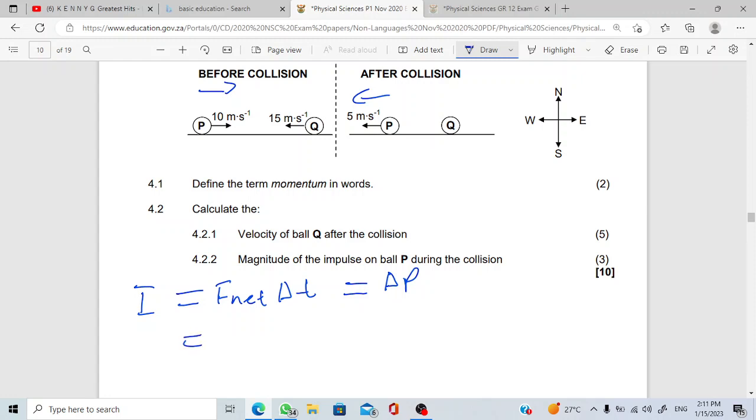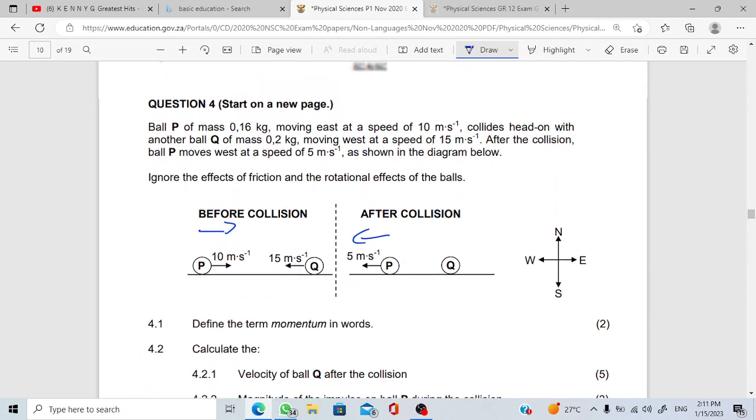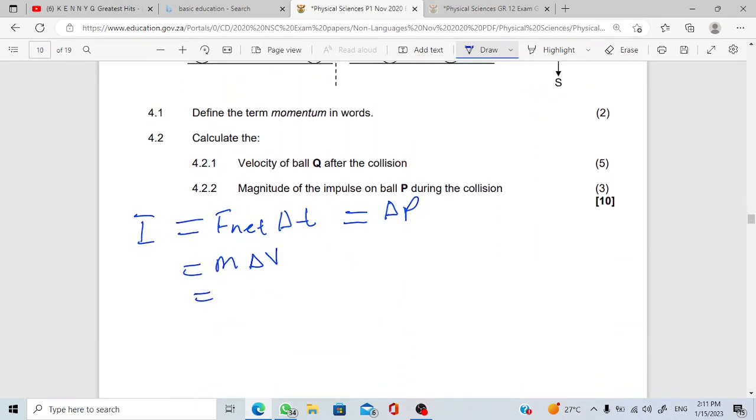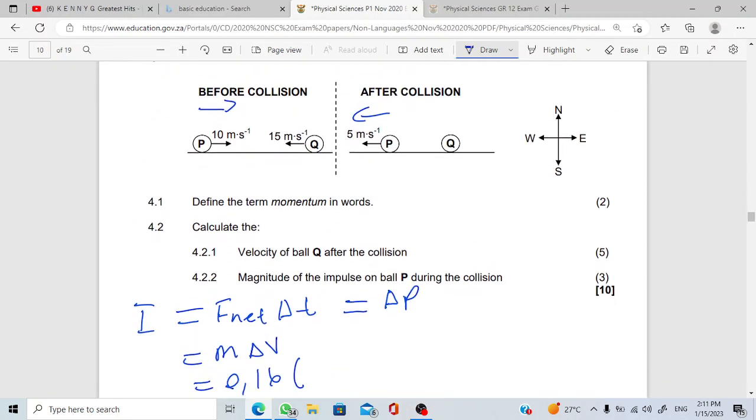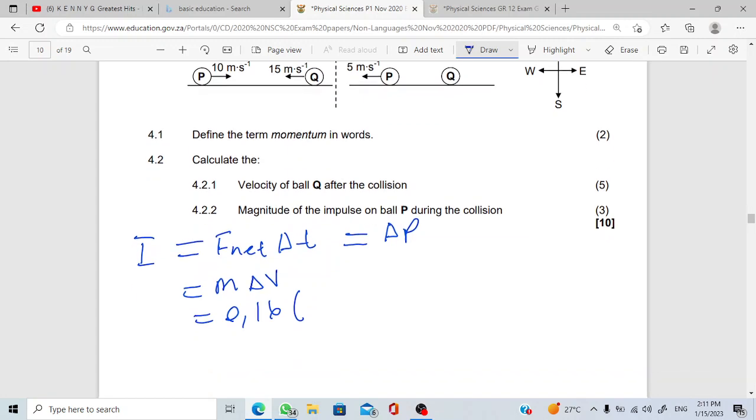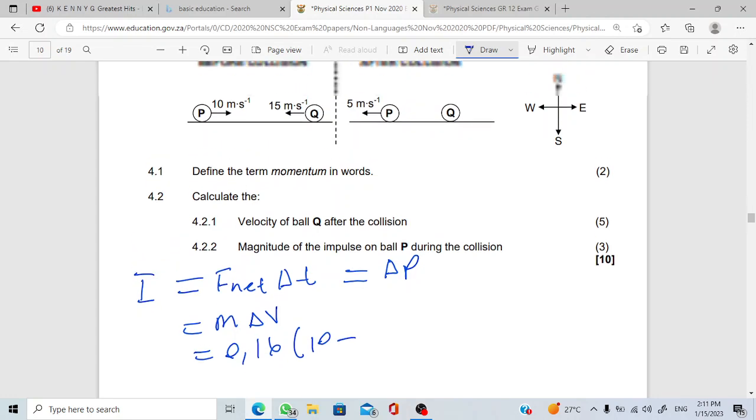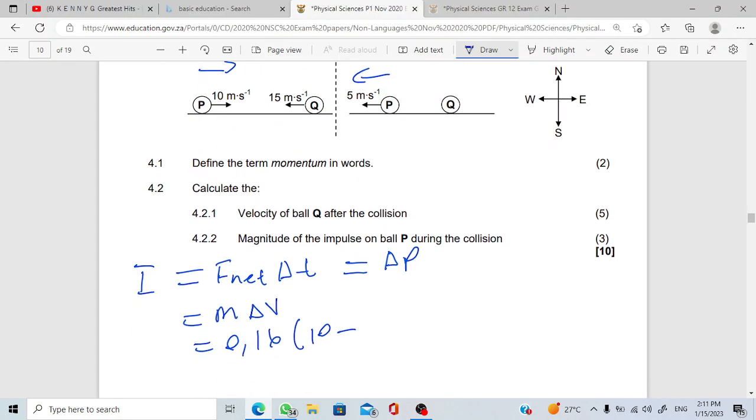Okay, and change in momentum is the same as M delta V, which is equal to, we're dealing with ball P. Mass of ball P is 0.16. Now the initial velocity that we had, it's 10 minus, since the final velocity goes to the opposite direction, it will be another minus 5.